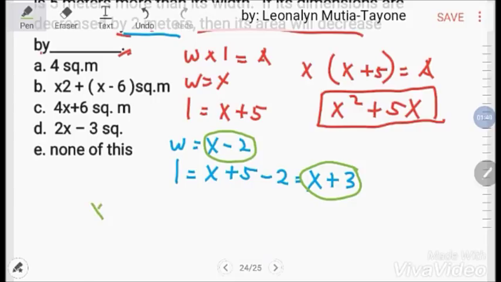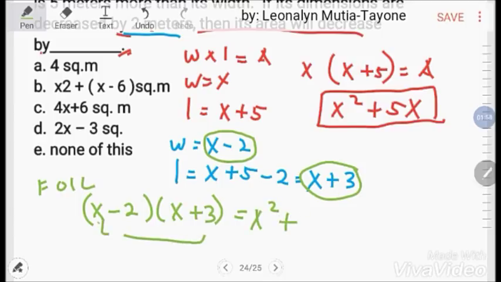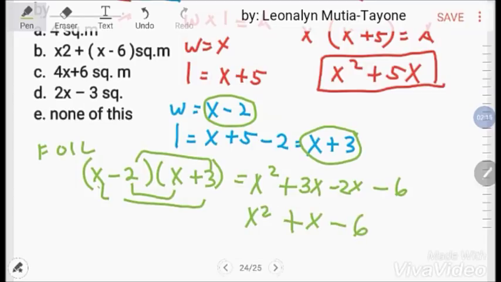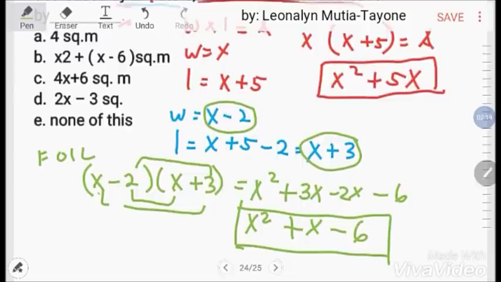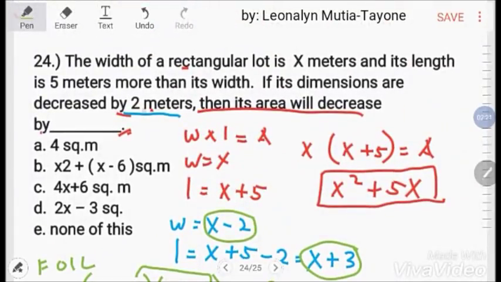So, x minus 2 multiplied by x plus 3 at gagamitin natin yung FOIL method. Ito na yung area ng second rectangle na na-decrease na ng 2 meters.